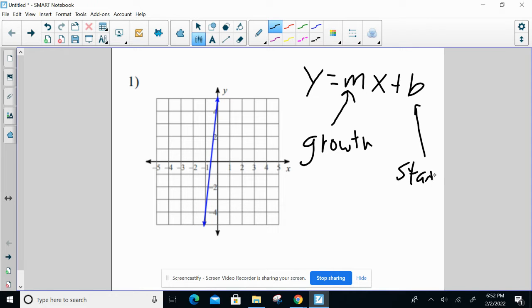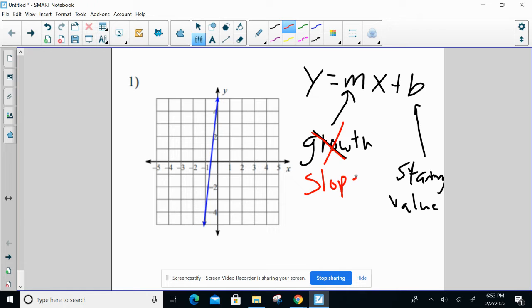Now, remember, everything we did when we had growth and starting value had a starting spot. It grew consistently. It created a line. We could find all that stuff on a graph. Now, just the other day, when we first talked about slope, we said slope and growth are the same thing.